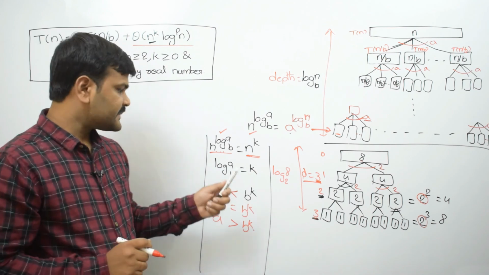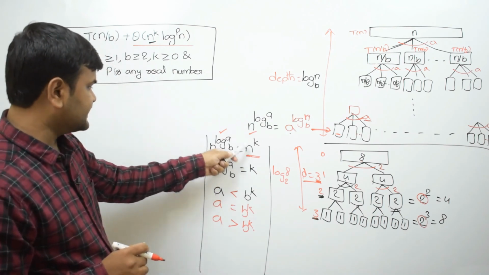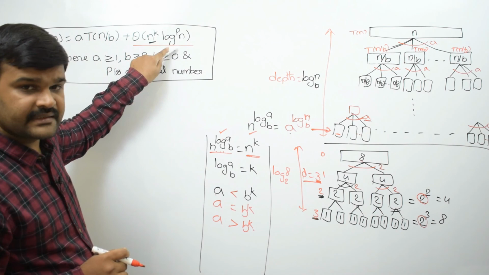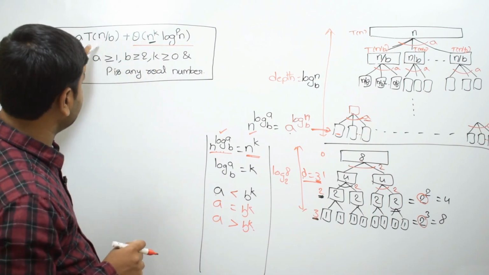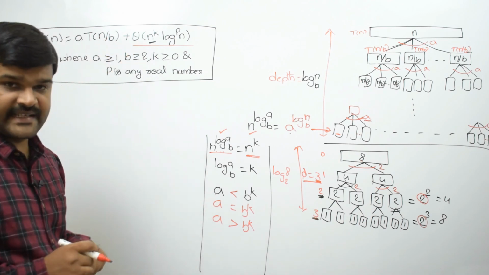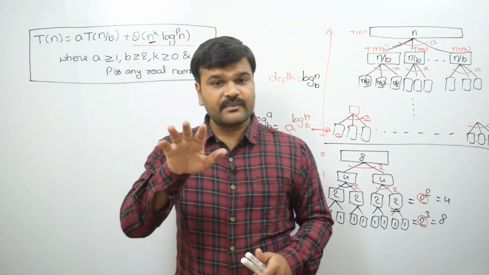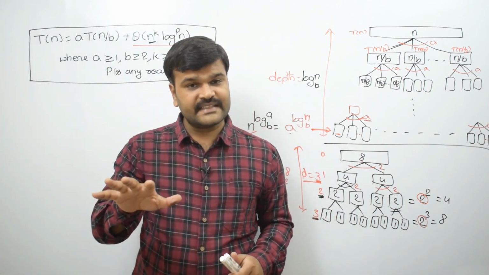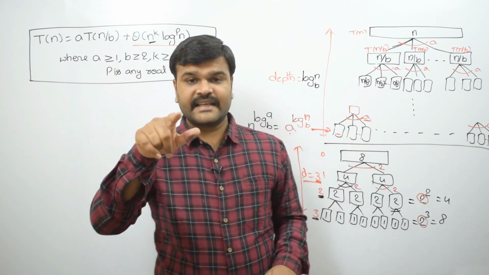Is it clear? This is the time complexity for this part, and this is the time complexity for this part. Now sometimes this may be more than this, that means recursive code time complexity is more than non-recursive code time complexity, or you can say another way, subproblem solving time complexity is more than divide and combine time complexity.